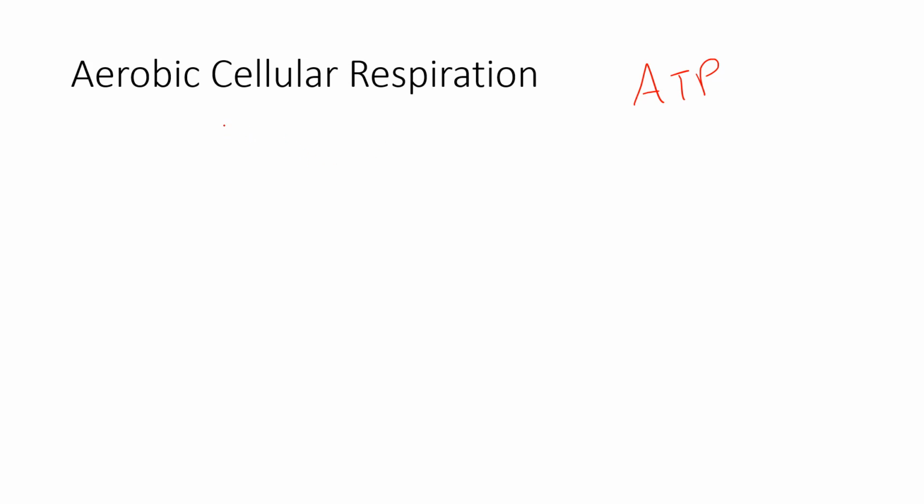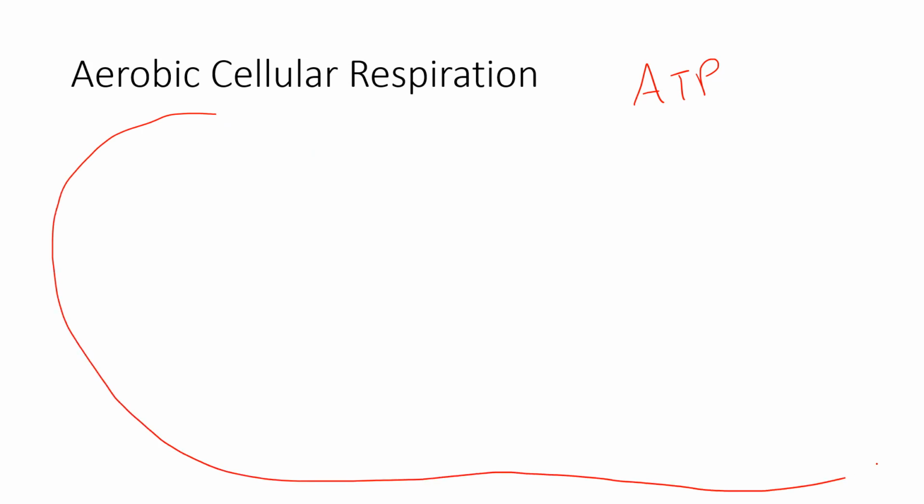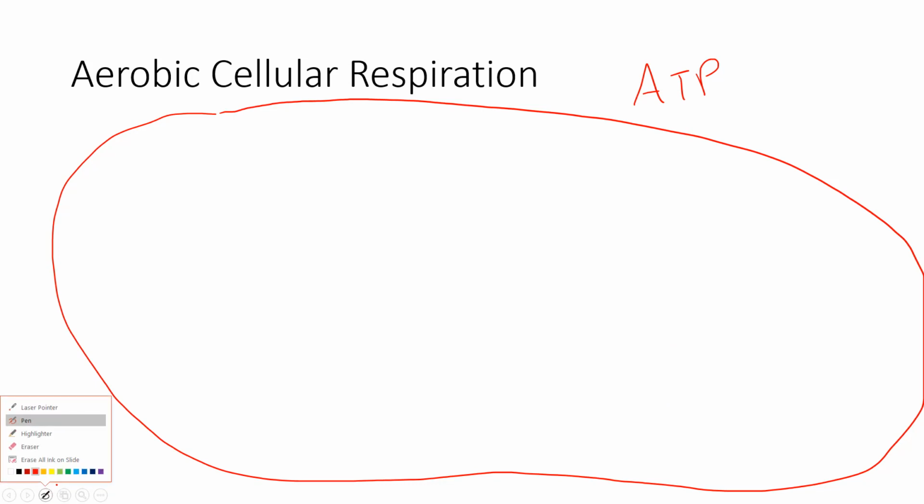So let's look at one cell, for example, and see what's taking place in a single cell. If I draw this big oval here, and let's say that represents a cell, another important component in here when it comes to aerobic cellular respiration is, of course, the mitochondria.